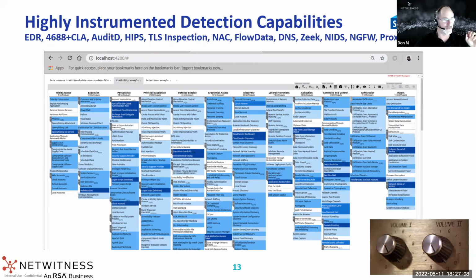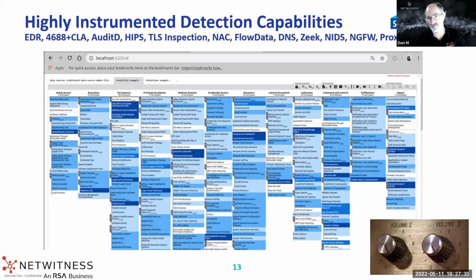And what we're saying is, if you have enterprise desktop response, you have Windows 4688 CLI auditing turned on, you have auditd on your Linux boxes, you have host intrusion prevention systems, you have TLS inspection. For Europe, that's difficult. For me in the US, it's a piece of cake. You have network admission control, you have flow data, you have DNS analysis and an ability to see who's using DNS.